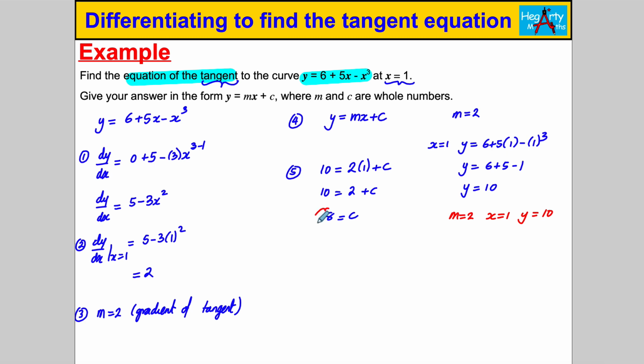So we've done it really. We've got that c is equal to 8. We have found earlier that m is equal to 2. Therefore, the general equation of the form y equals mx plus c for the tangent, well, we found m is 2, so it's going to be 2x. We found c is 8, so it's going to be 2x add 8, and we're done. And that's it for this particular video. Thanks for watching.